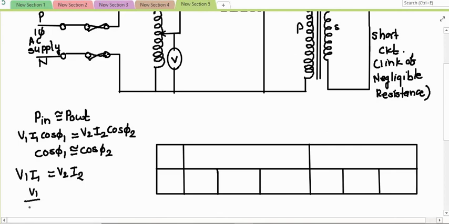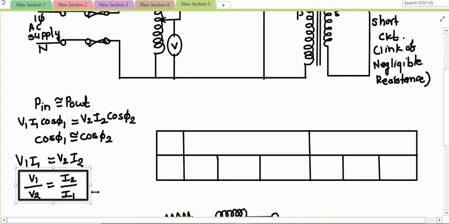So V1 upon V2 equals to I2 upon I1, means voltage and current both are inversely proportional to each other in case of the transformer. So on high voltage side your current will be less and on the low voltage side your current will be more.